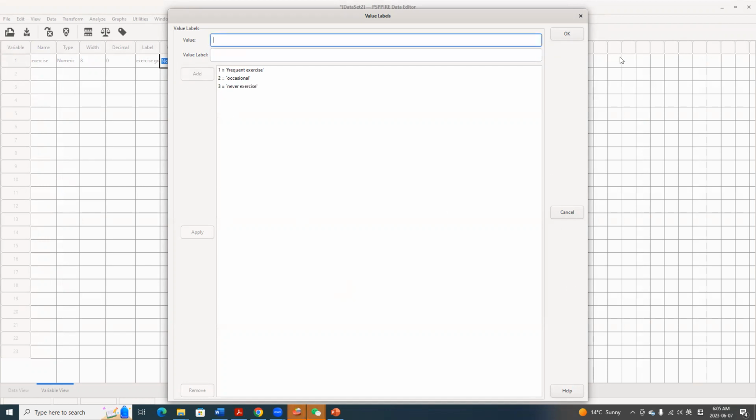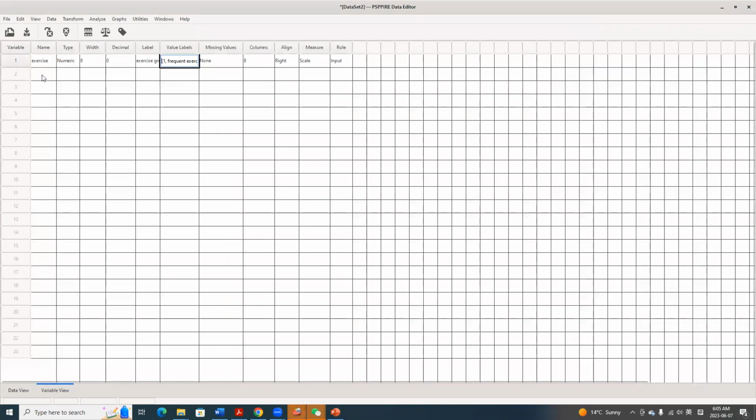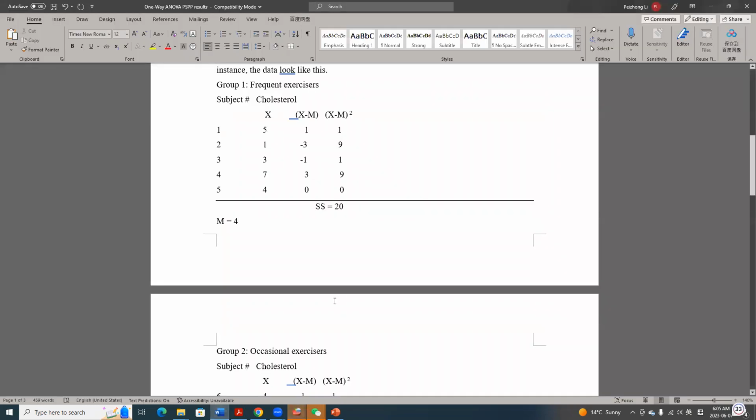Okay, 3 groups. And then another variable, a second variable would be cholesterol. So how do I spell cholesterol? I'm just going to copy this.